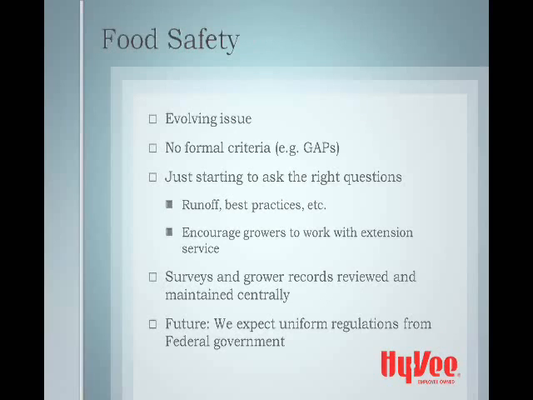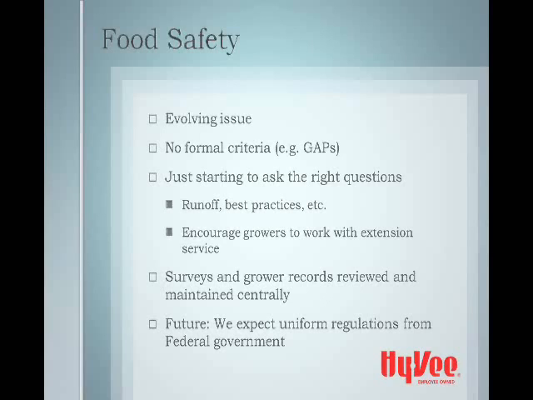Of course, food safety is going to continue to be really top of mind and an important piece of this as it evolves. But right now, we do not have formal criteria as far as GAP certification or those types of things.